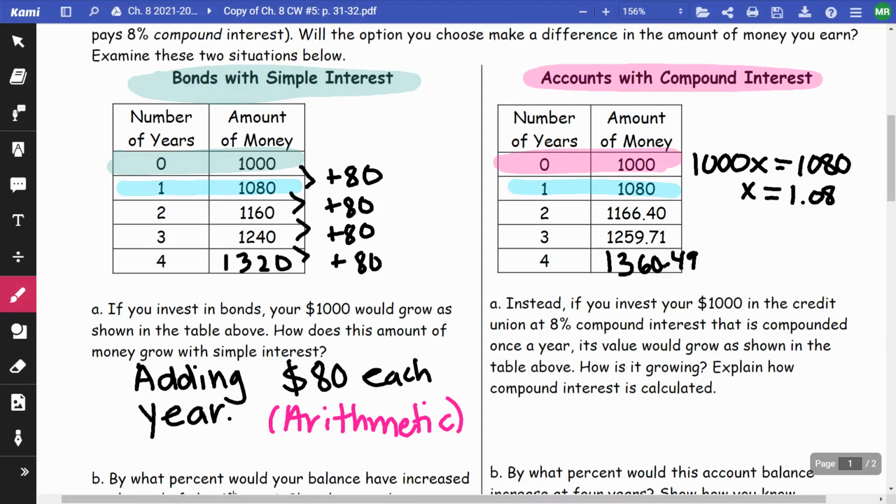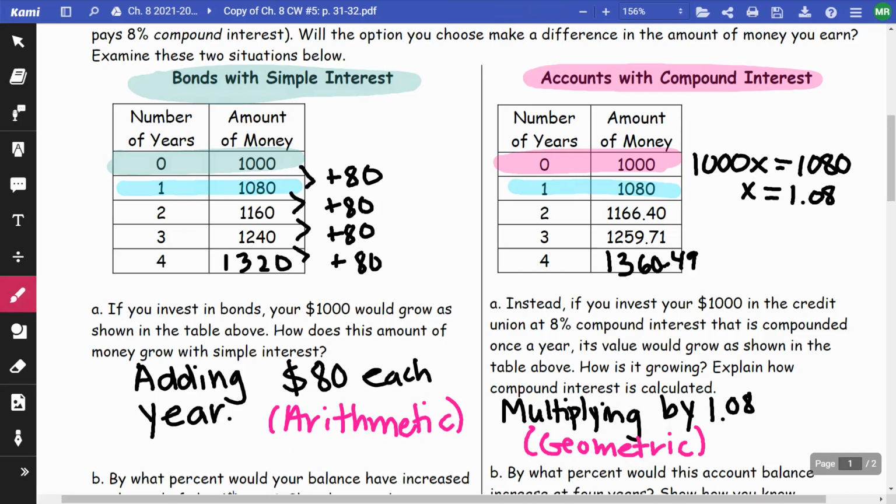So for this one, what we're doing is we are multiplying by 1.08. That's what we're doing. And again, this is going to be geometric.